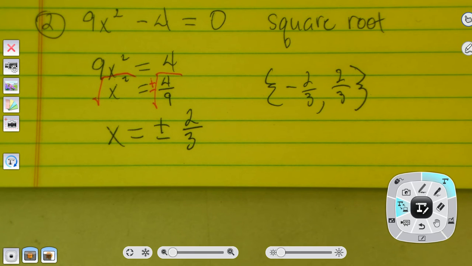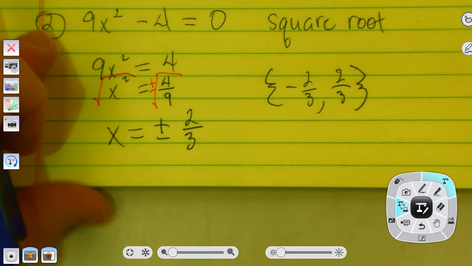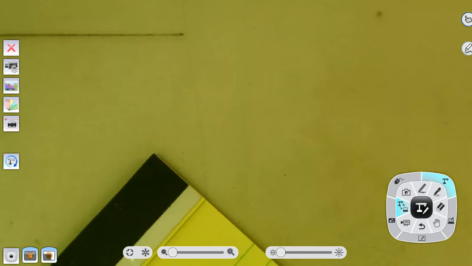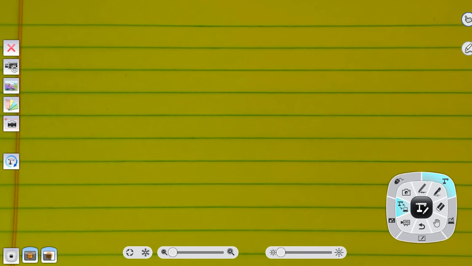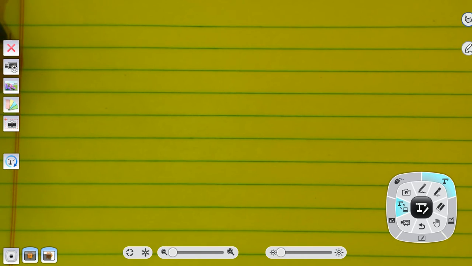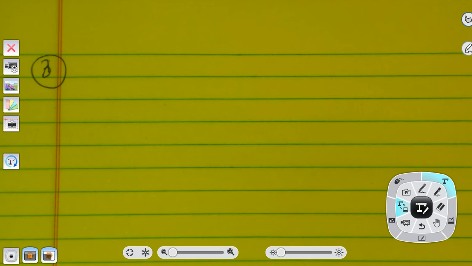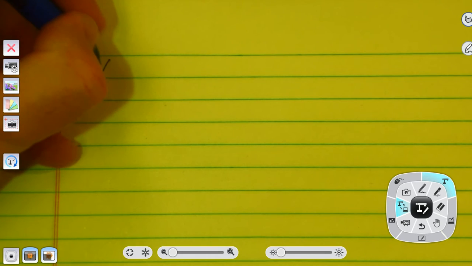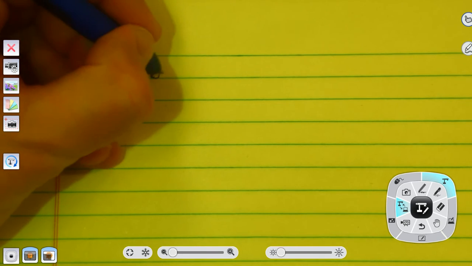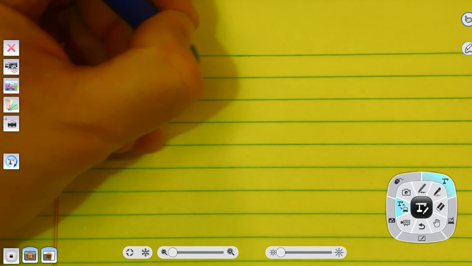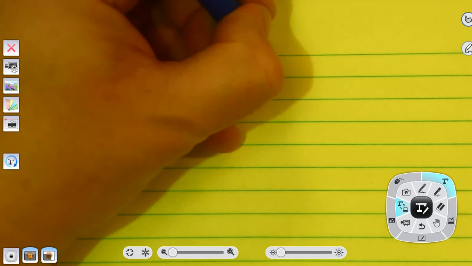Two more methods I want to look at. The next one, we're going to use the method of completing the square. It's best because A is 1, and you'll see that the B term is even. This is x squared minus 6x plus 7 equals 73.